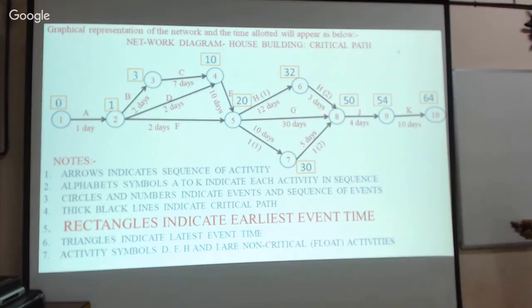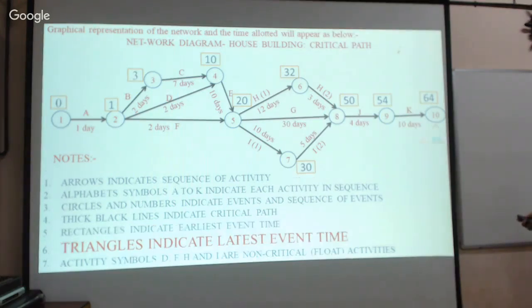Whereas here, we already have 50 days. Now if you calculate along this path, it is 35 days. Therefore, how much extra time do we have?